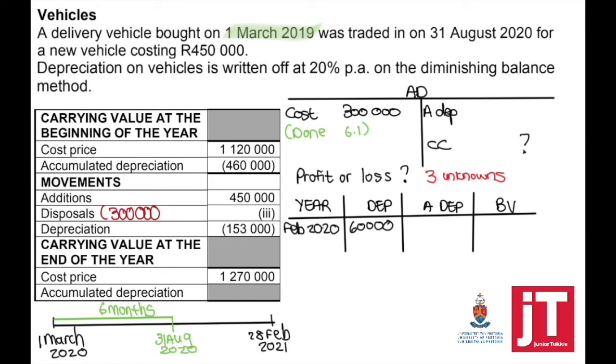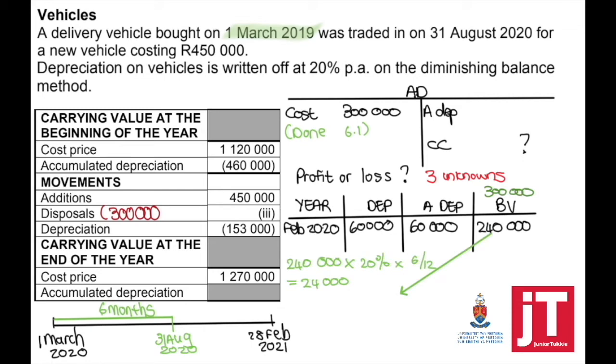And because we're calculating it for the first time, it means that the accumulated depreciation will be exactly the same. So to get the book value, we take the cost, 300,000 minus 60,000, and that equals the book value of 240,000.